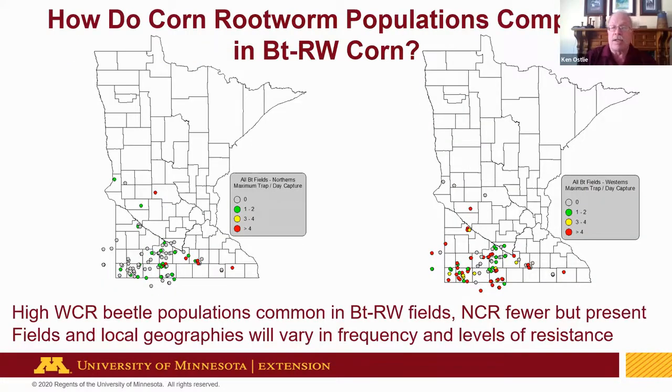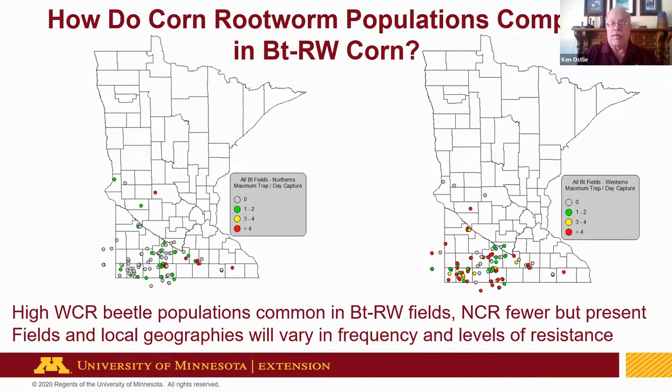And in BT corn, obviously we've got populations indicated with the red dots here that have high levels in BT corn with western corn rootworms. And we're even starting to see a few where northern corn rootworms are reaching those higher population levels.